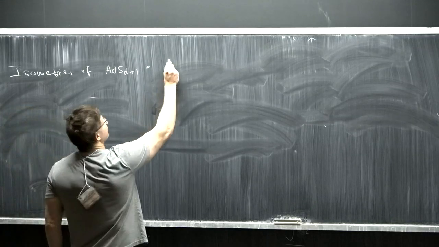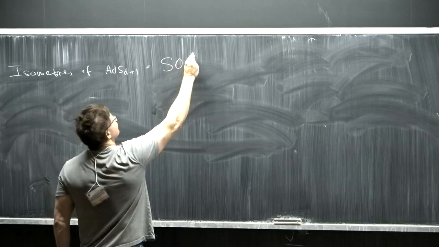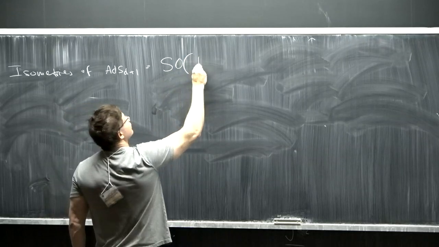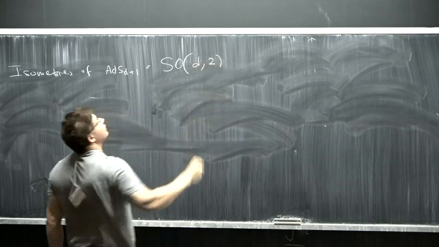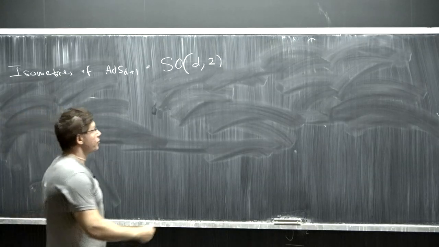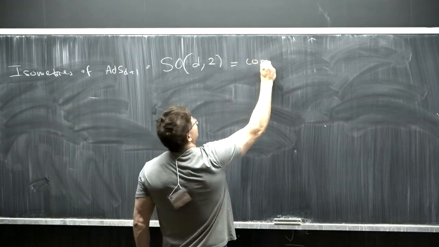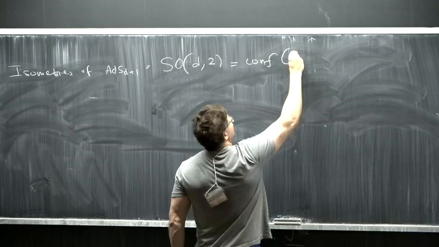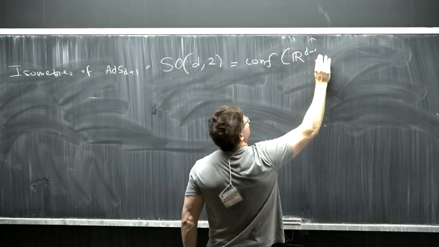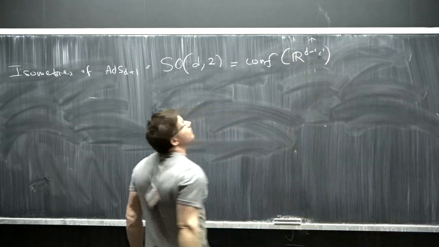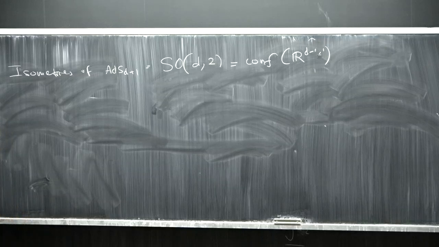So that's SO(d,2). That's the same as the conformal group of R^{d-1,1}. And so we have to match the symmetries to understand how this representation theory is going to work.